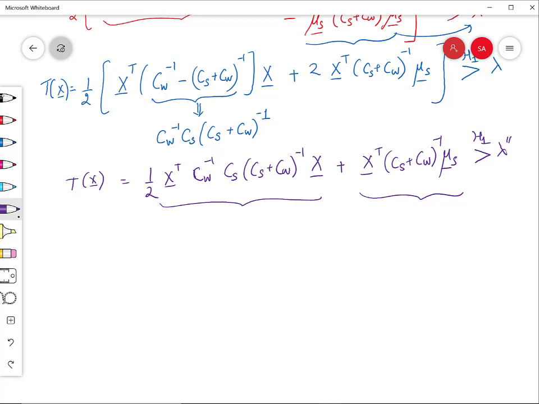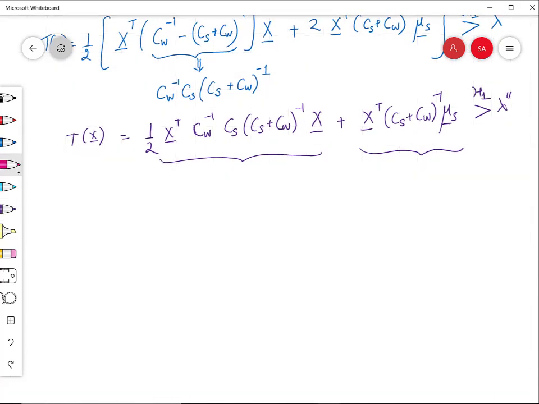Okay, so we'll take two cases here. The first case, case 1: if CS is equal to 0, CS equal to 0 means that the variance of the signal is 0. That means the signal becomes deterministic. If this is so, then what is going to happen?